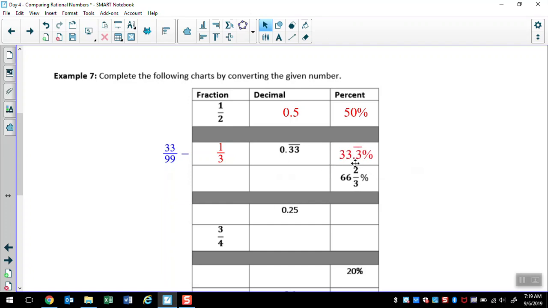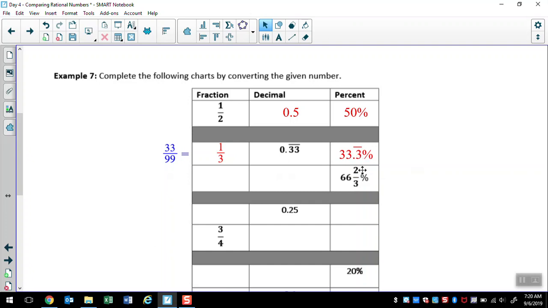So I'm going to show that here. I'm going to put in another 3 and put the bar over that. So it's 33.3 repeating percent, because technically the 3's keep going forever. All right, on this one, they wrote this percent as a fraction instead of as a decimal like I did up here.